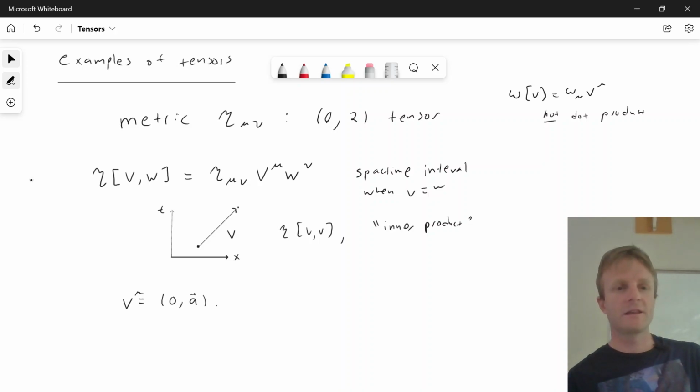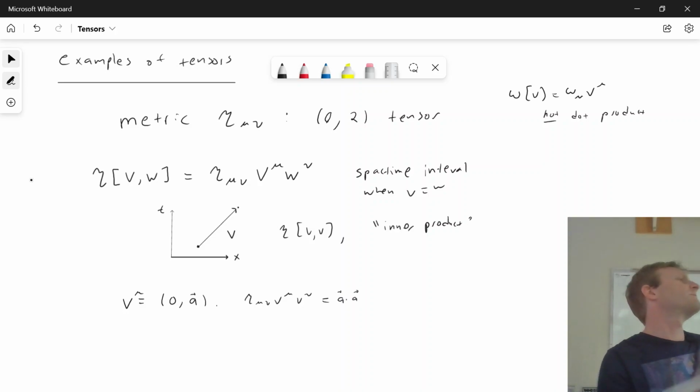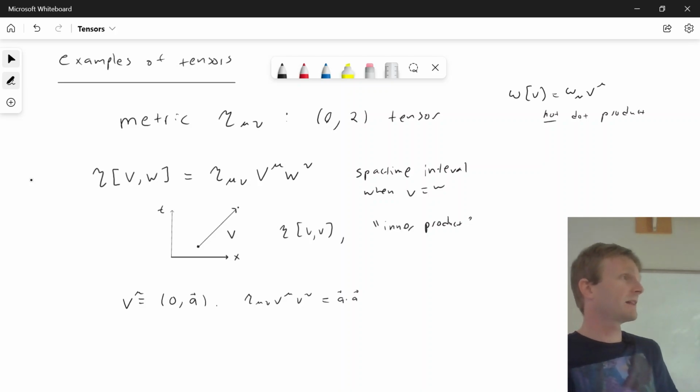If I do that, then because eta mu nu is just ones in the space components, eta mu nu v mu v nu is in fact equal to a dot a. Right? When you're simultaneous events, it reduces to the dot product. It's the space-time analog of the dot product. And when it's negative, it's the square root of minus that gives you the time elapsed.